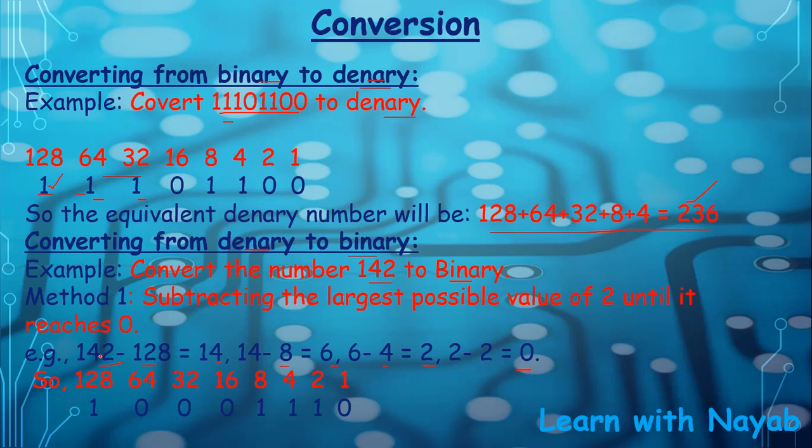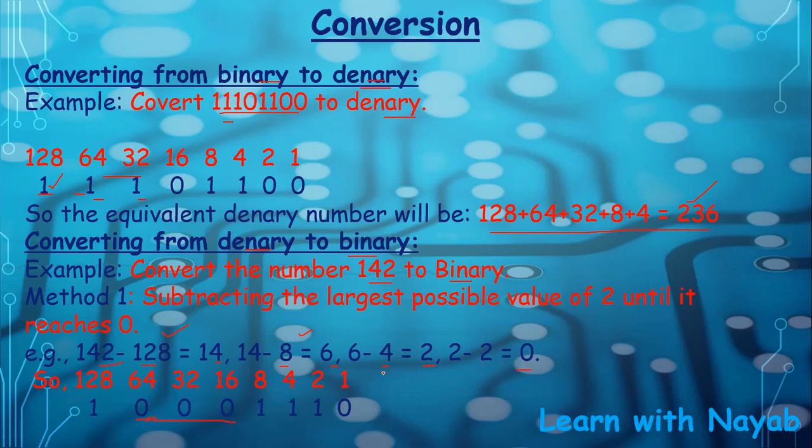So here we used 128, so we put 1 beneath it. We used 8, so we put 1 beneath the 8. We didn't put 1s in the other places because we didn't use them; they weren't values we could choose when subtracting, so we put 0s there.